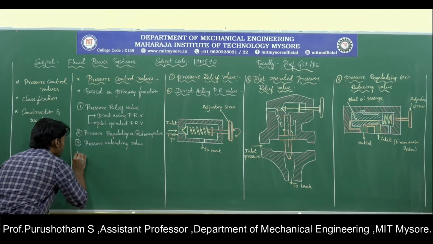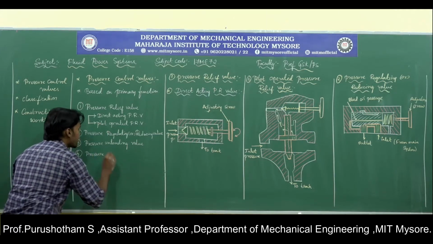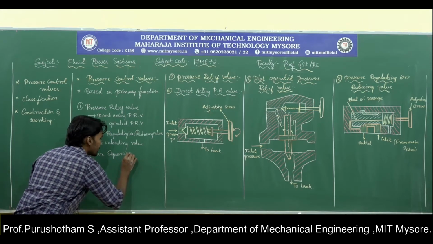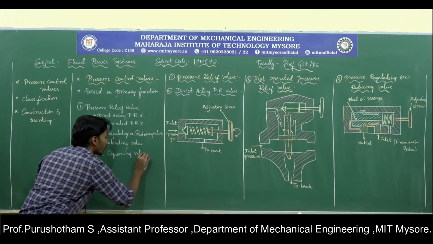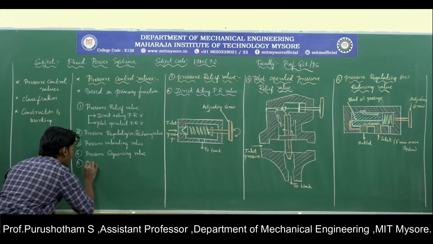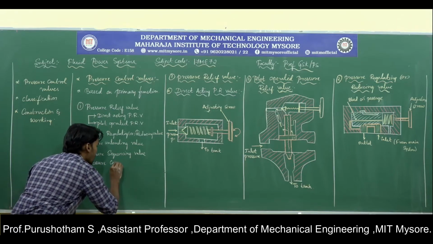The fourth one is the pressure sequencing valve. Then the fifth one is the pressure counterbalancing valve.